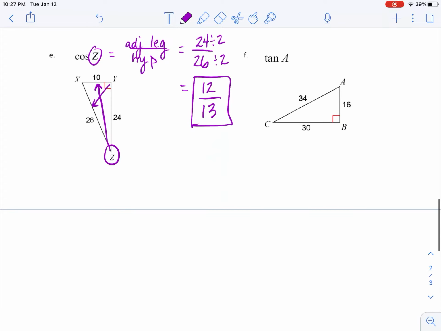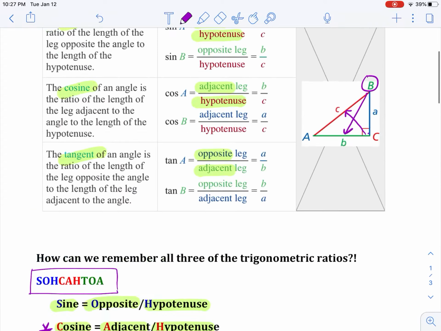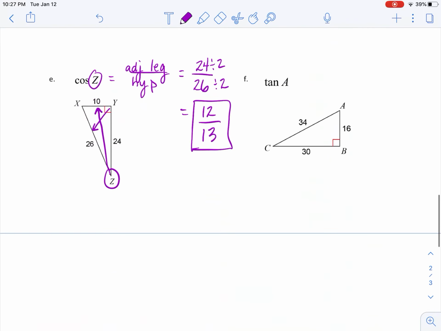All right, last one. In F, it says the word tangent. Oh my goodness, I'm so sorry. Tangent is trying to tell you to do the opposite leg over the adjacent leg. Now remember, the legs are the ones making the right angle. So here's A. If we go opposite the A, we bump into the 30.